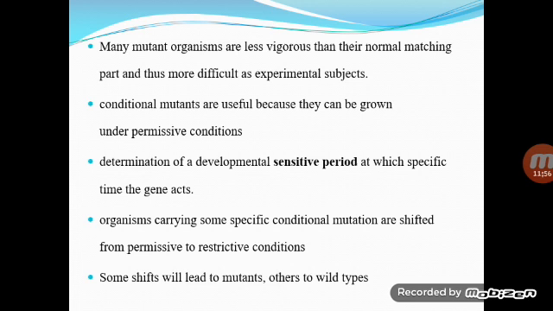Many mutant organisms are less vigorous than their normal counterparts and thus more difficult as experimental subjects. For this reason, conditional mutants are useful because they can be grown under permissive conditions and then shifted to the restrictive conditions for study purposes.